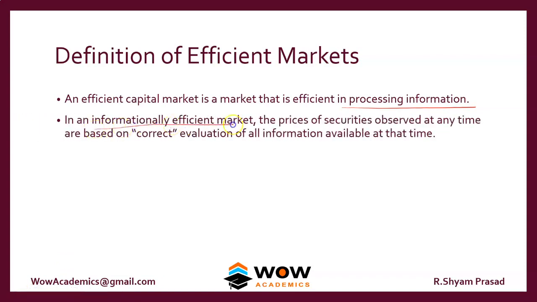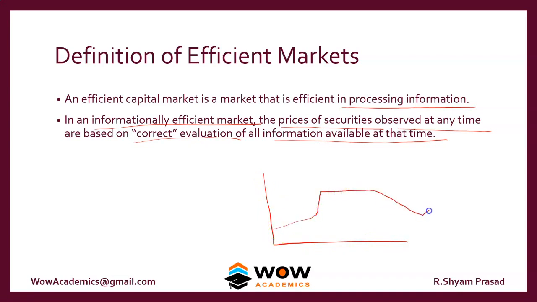In an informationally efficient market, the prices of securities observed at any time are based on a correct evaluation of all information at that time. If we draw a chart, the price moves from this to this to this. At every point of time, whether the price is moving upwards, very high, constant, falling, or rising again, every point contains information up to that level.